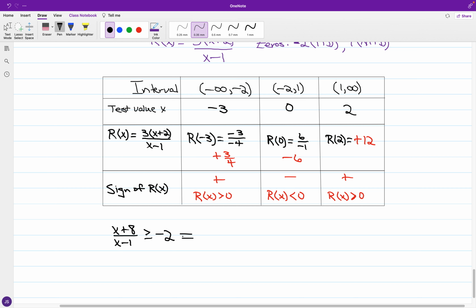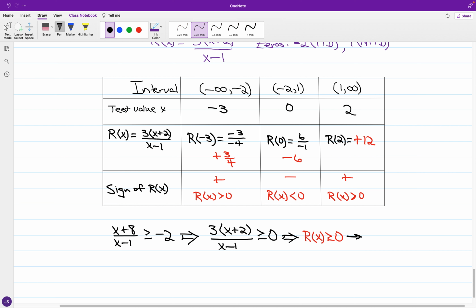And once I consolidate it as a single ratio compared to 0, so this had come down to 3 times the quantity of x plus 2 all over x minus 1 is greater than or equal to 0. And again, that is referencing where we have r of x is greater than or equal to 0.